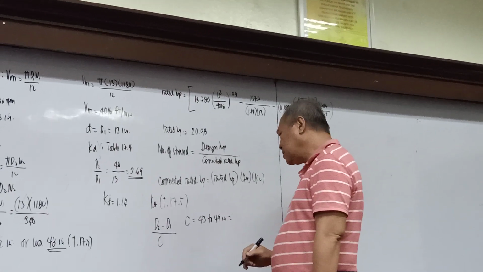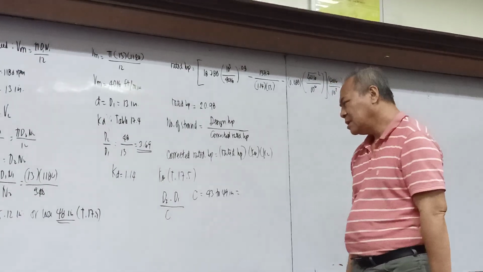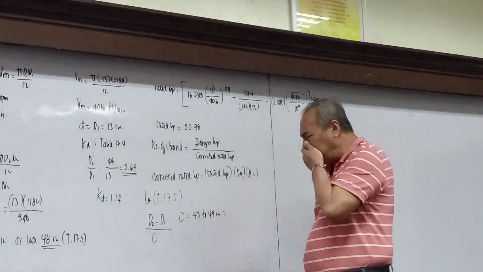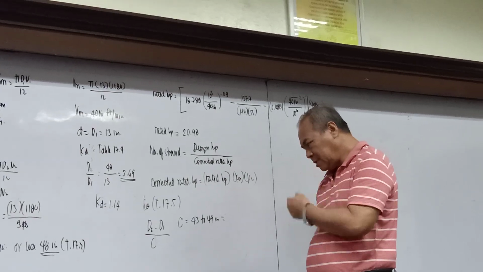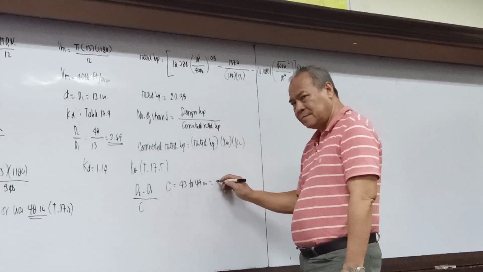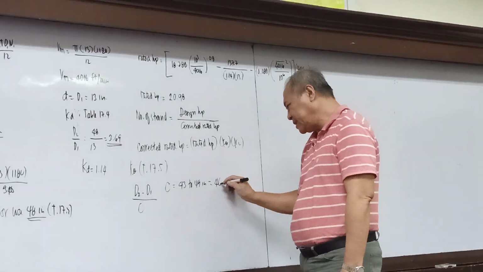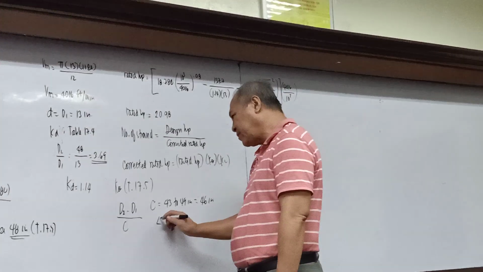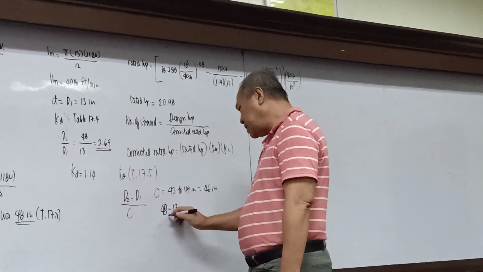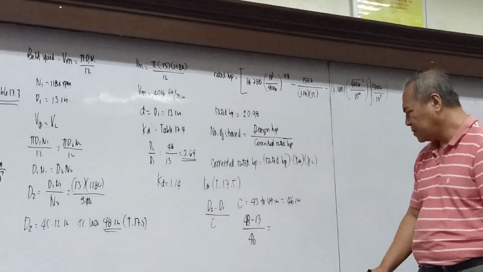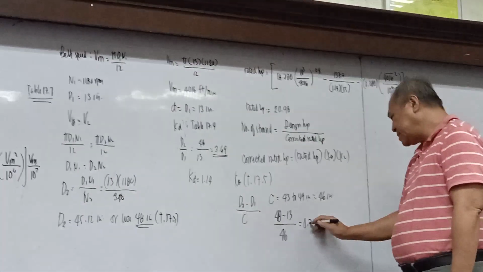So, let's take the average, 43 plus 49 over 2, 46. Gamitin natin, approximate yan. So, dito is 48 minus 13 all over 46, which is 0.76.